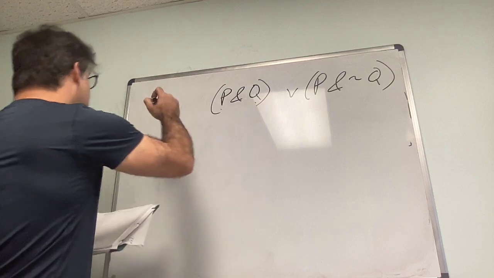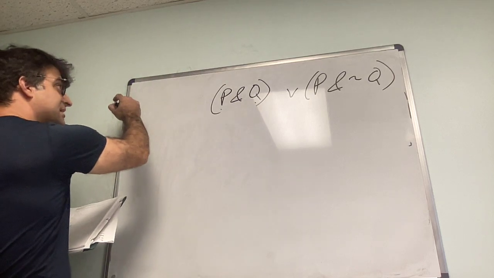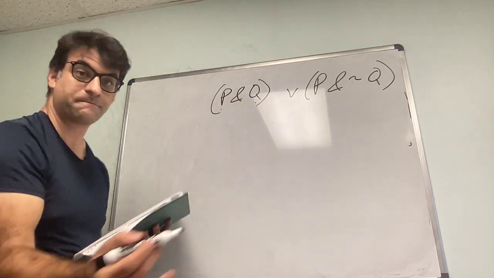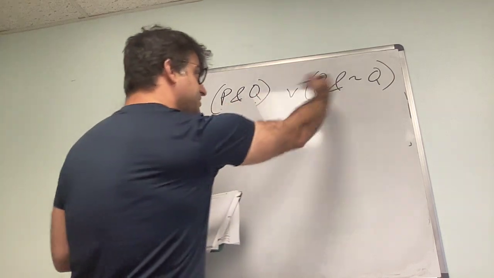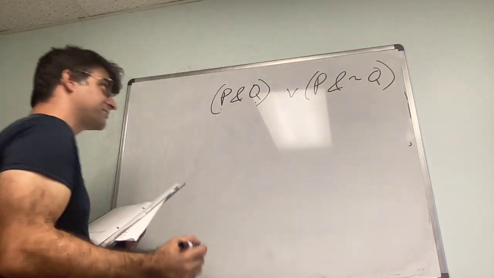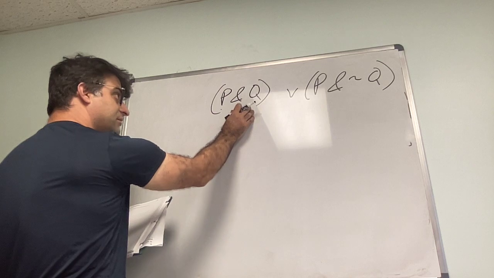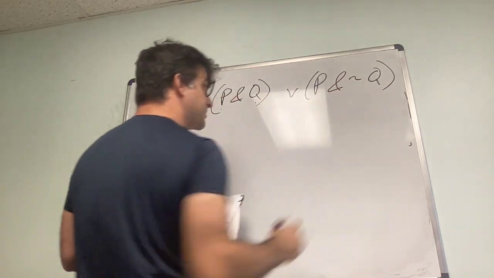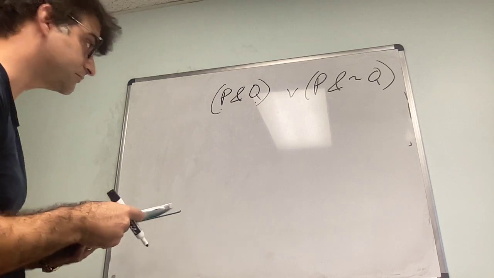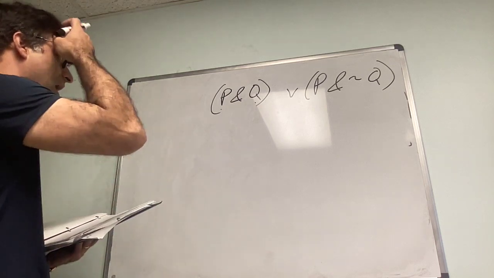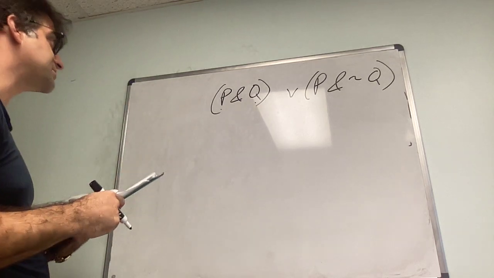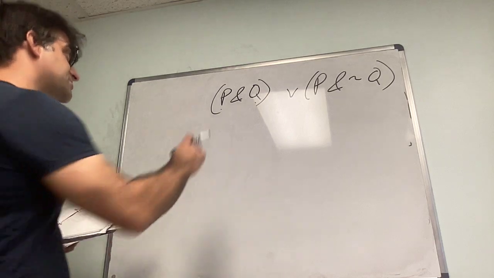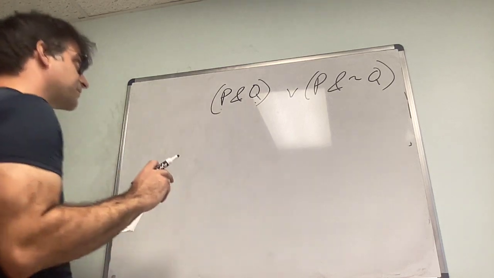P and Q's are letters we use to stand in for pretty much any proposition. So any proposition of this form is going to have this truth table. You have a conjunction with an or in the middle, another conjunction where one of the statements is negated. A little more complicated, you could substitute even compound propositions for P.